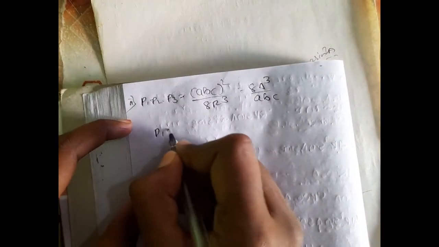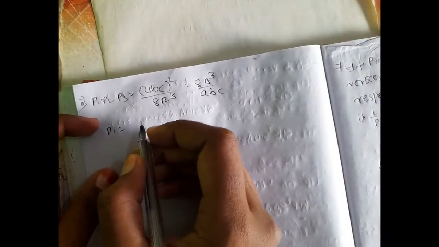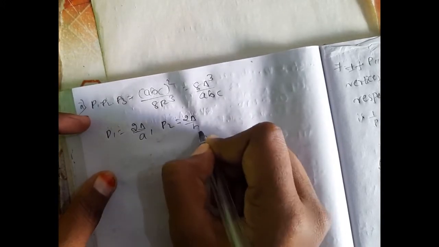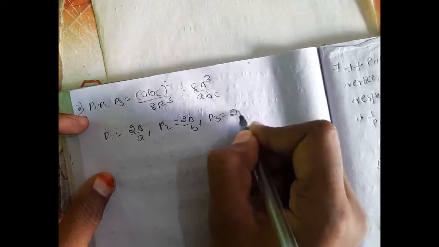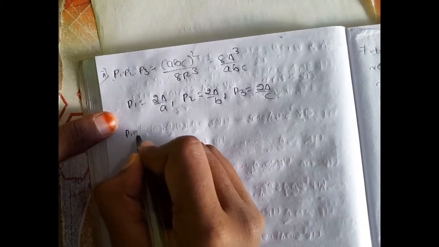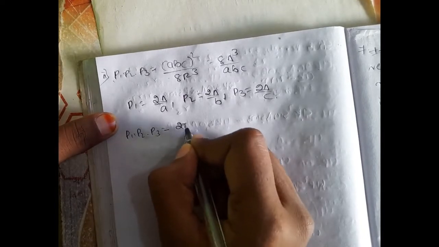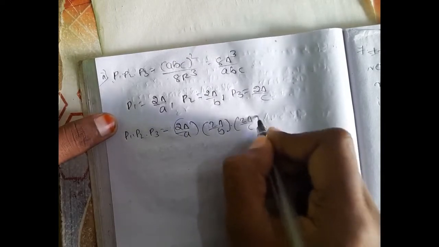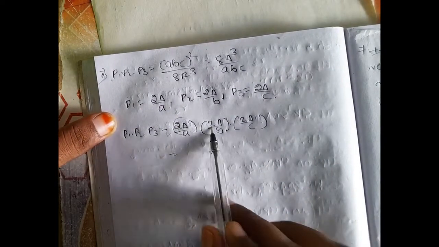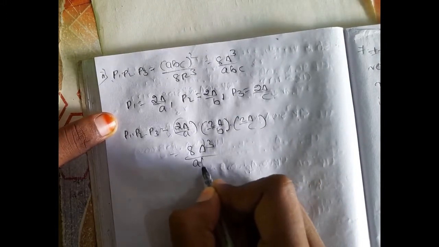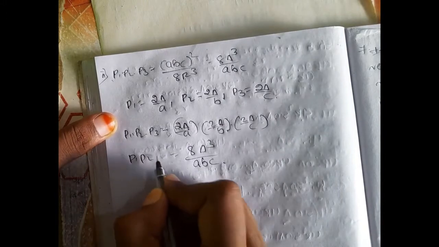What we got: P1 is 2 delta by A, P2 is 2 delta by B, and P3 is 2 delta by C. Now substituting the values, P1 into P2 into P3 equals 2 delta by A into 2 delta by B into 2 delta by C. Multiplying all three, 2 into 2, 4, 4 into 2, 8, delta cube by ABC. So we proved one thing.